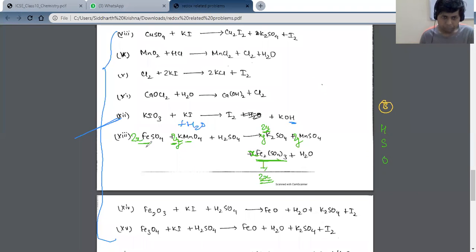So for hydrogen, let us say we are taking this as Z. That will make the hydrogen 2Z, and the only source of hydrogen on this side is this thing, so this will also be Z. Now hydrogen is also settled.